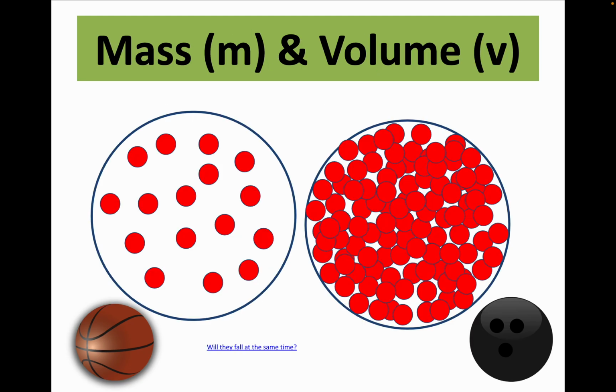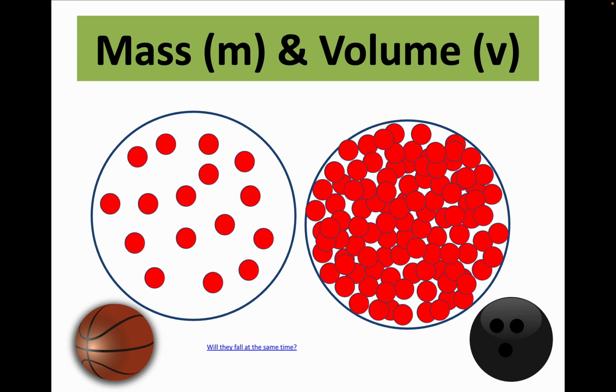And I wanted to talk to you about mass and volume and how we can have maybe the same volume. So remember, the large circular space around is the same. So the volume is the same, but because there's more matter in the object on the right, that means that it has more mass. Okay.